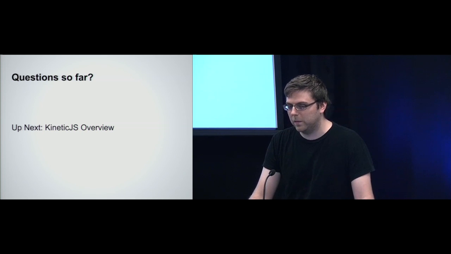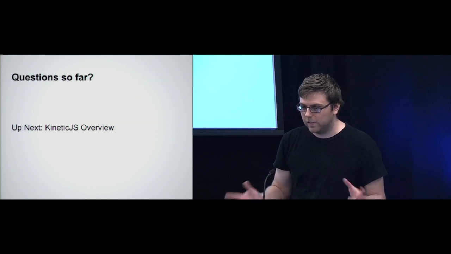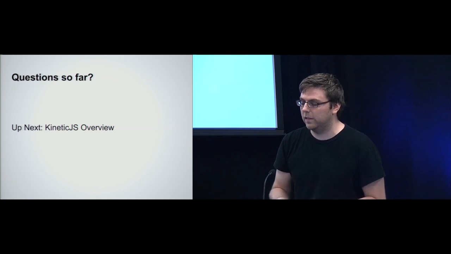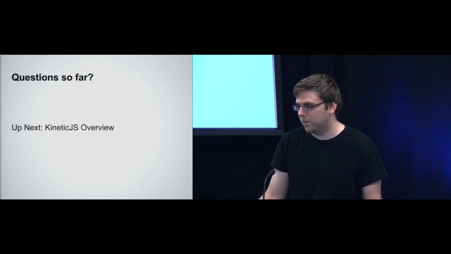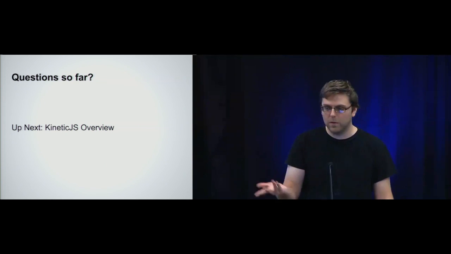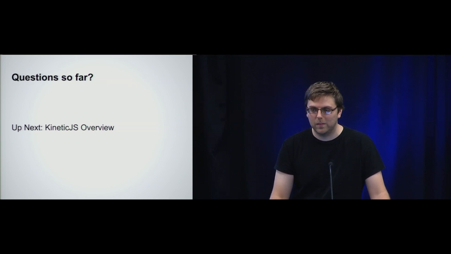There's a lot of stuff that has to be handled, like the pixel device ratio. Since mobile devices tend to have a pixel device ratio of something like 2, Kinetic.js does a lot of stuff under the covers to take care of that for you. But as far as performance, it runs pretty fast, and there's not really much that was done special to make it run fast on mobile compared to desktops. But we'll go more into Kinetic.js here pretty soon. Any other questions so far?